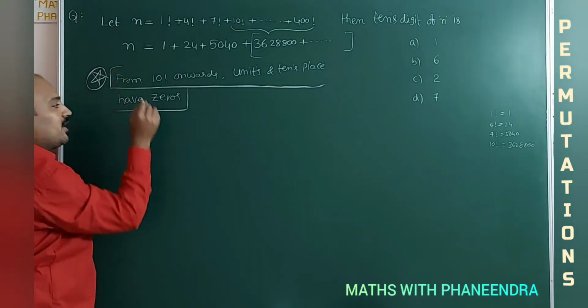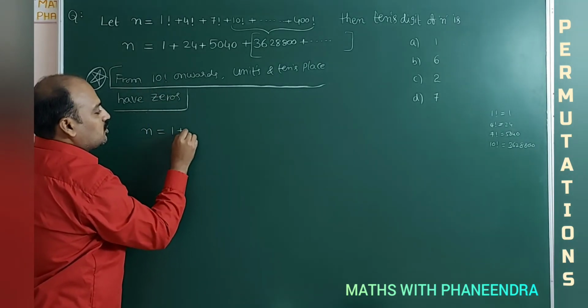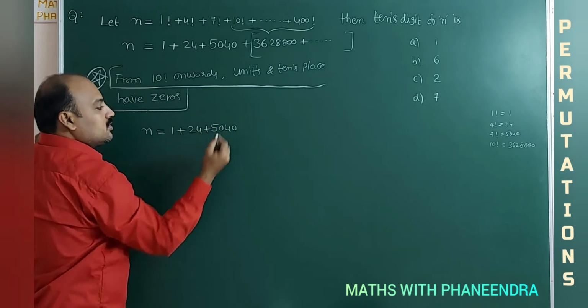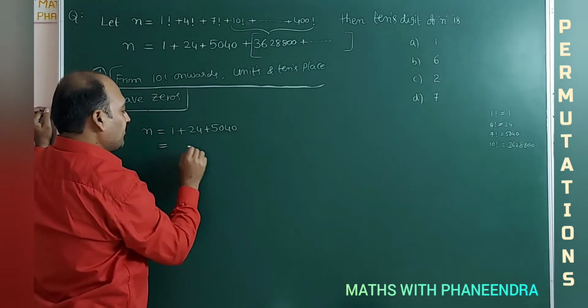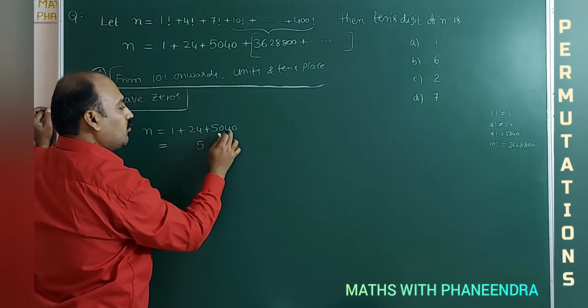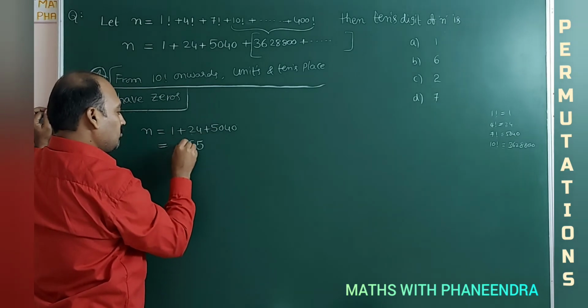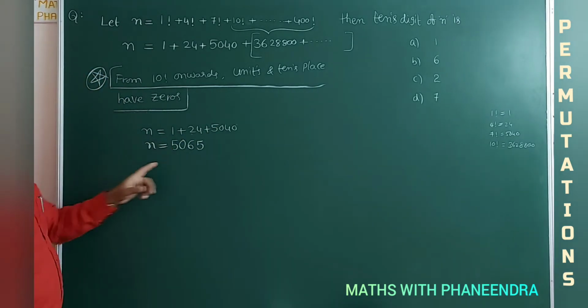So the value of n is equal to 1 plus 24 plus 5040. If you add this, it becomes 5065. So n is equal to 5065.